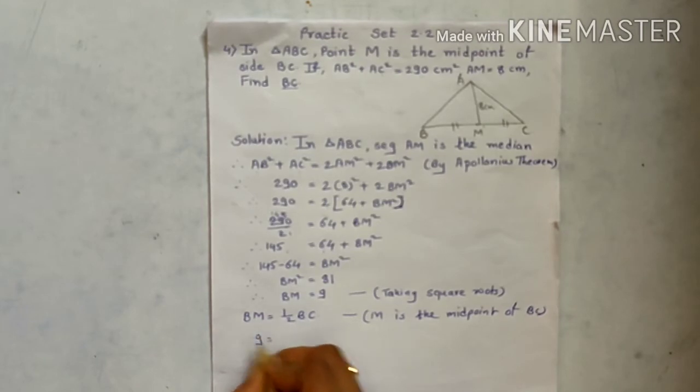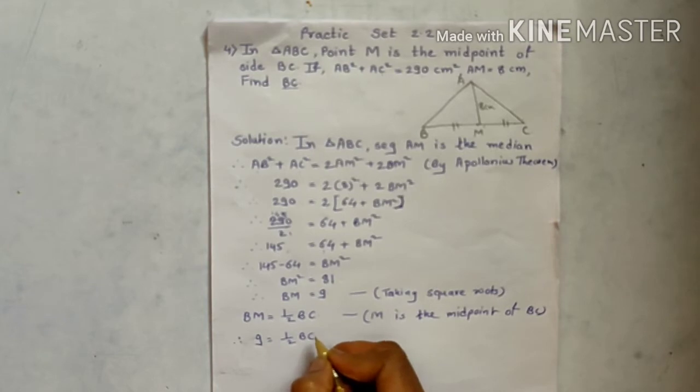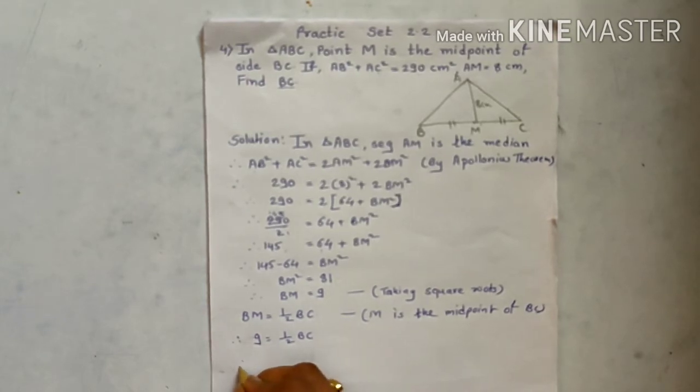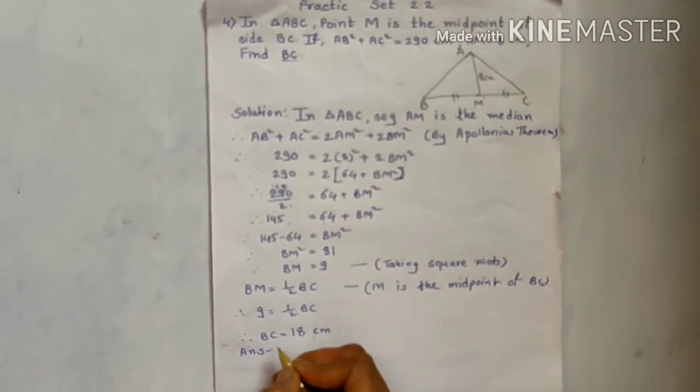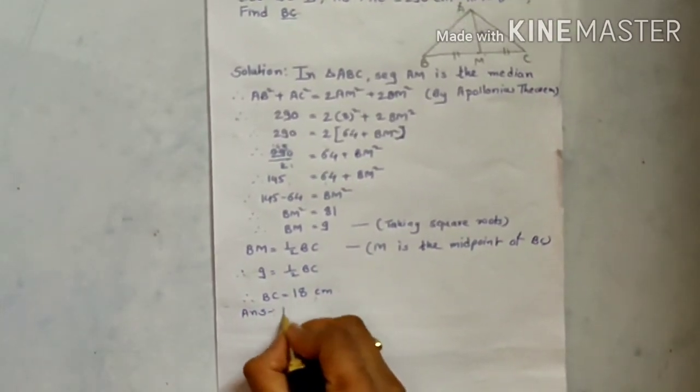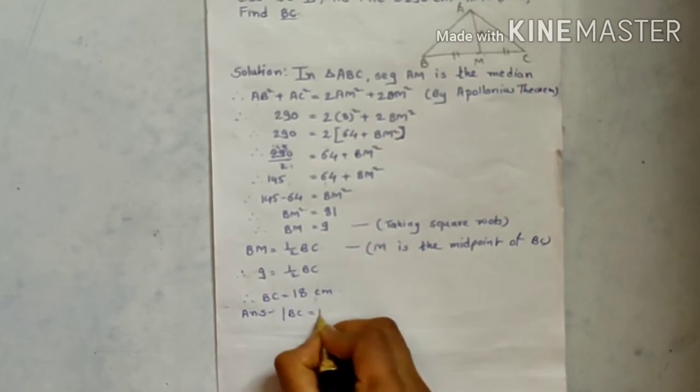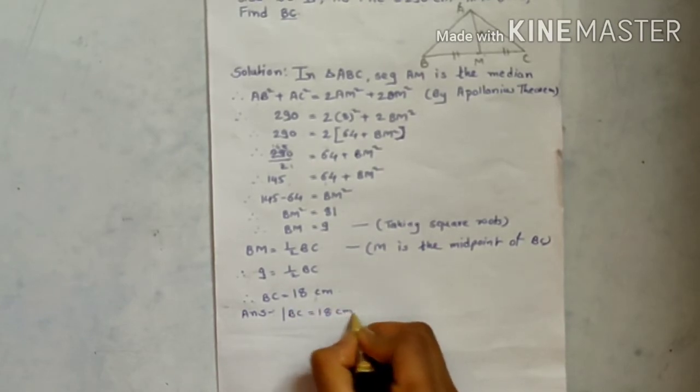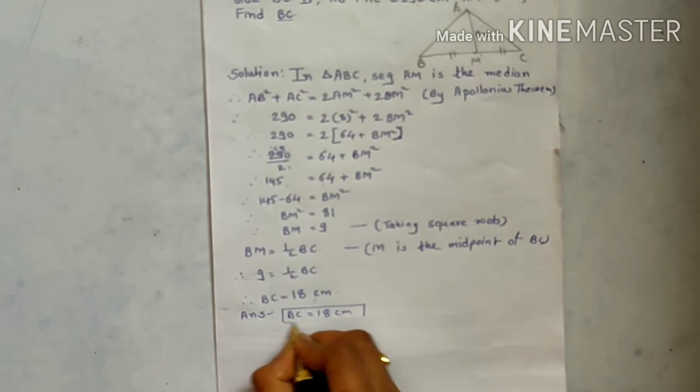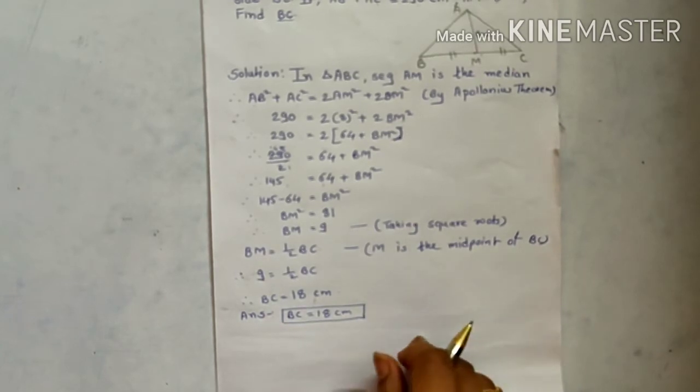BM is 9, therefore 9 is equal to 1 by 2 into BC. Therefore BC is equal to 9 times 2, 18 centimeter, and we have to find that only. BC is equal to 18 centimeter. This is our answer.